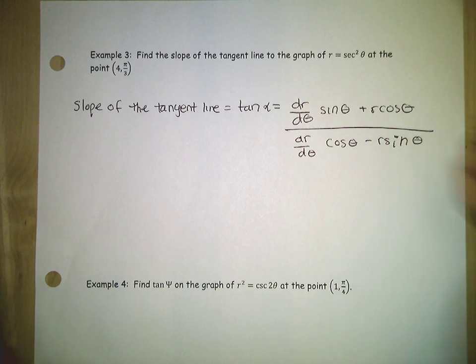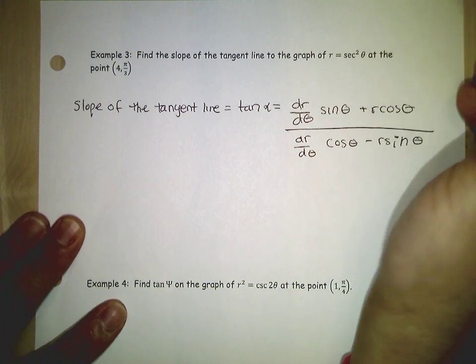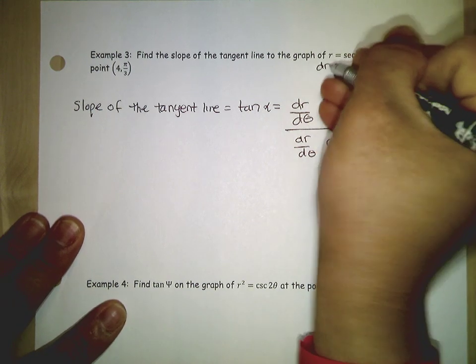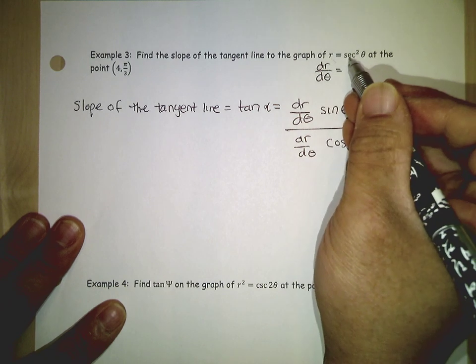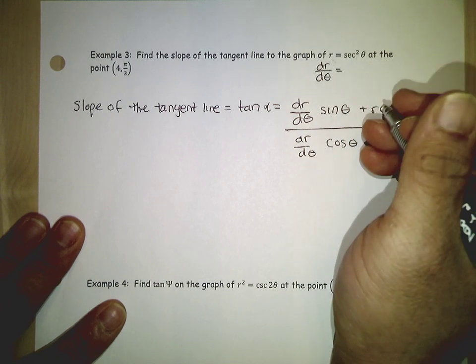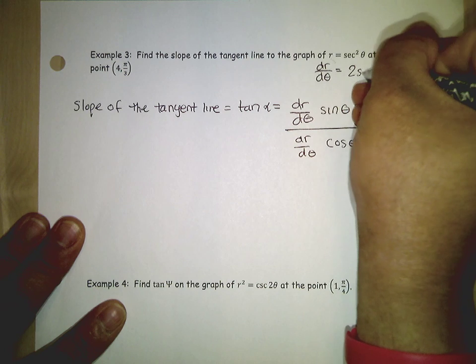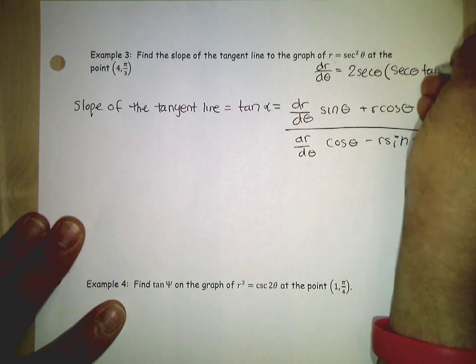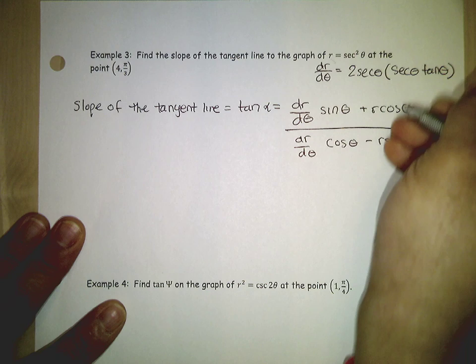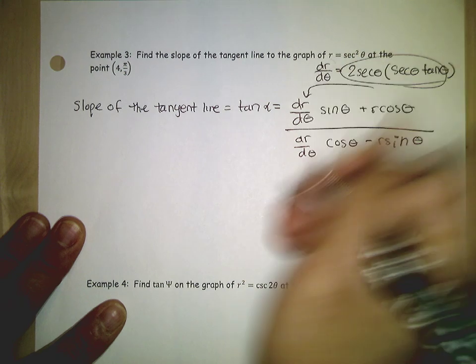Hopefully you have that memorized already, and everything else that I've mentioned that you should memorize here. So let's figure out what dr d theta is first. So if r is secant squared theta, dr d theta is 2 secant of theta times secant theta tangent of theta. Now we substitute this in here.